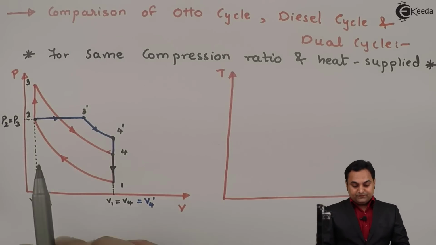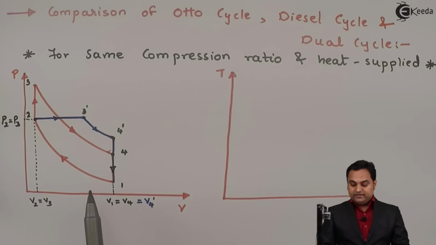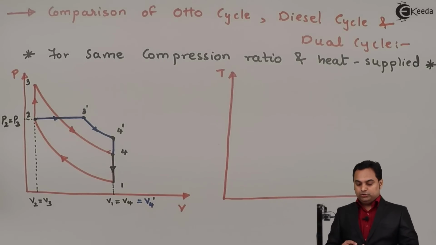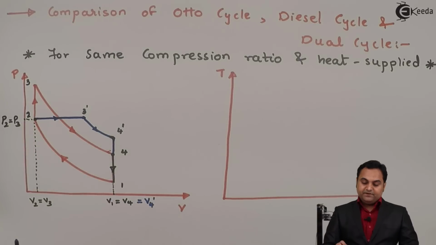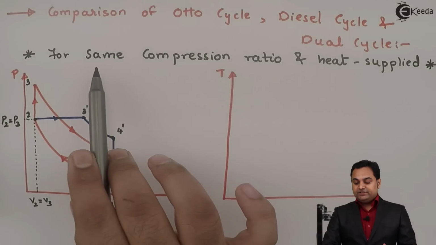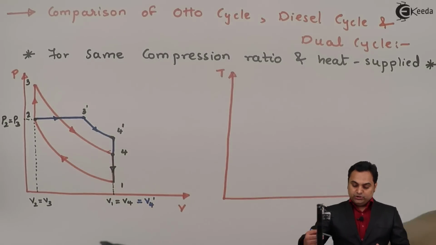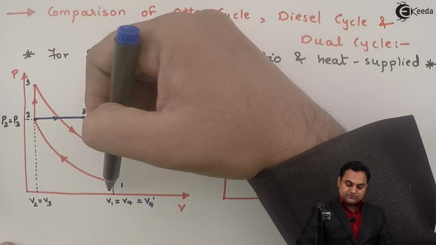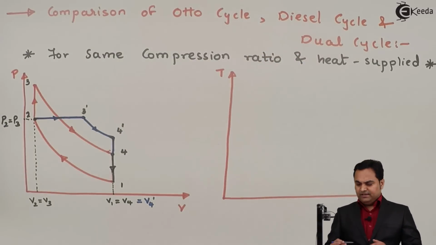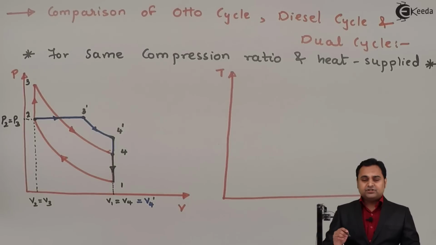Now after drawing the diesel cycle, that is superimposing it on Otto cycle, next I'll draw dual cycle on this PV diagram. Now in case of dual cycle, here the condition is for same compression ratio, so compression will follow the same curve, which is from 1 to 2, that is the isentropic compression.